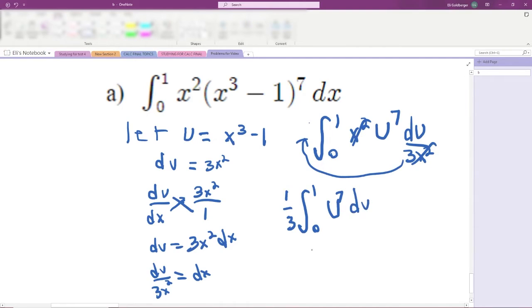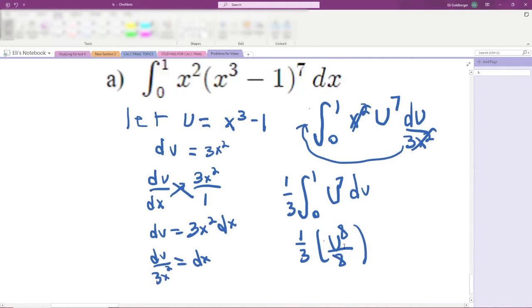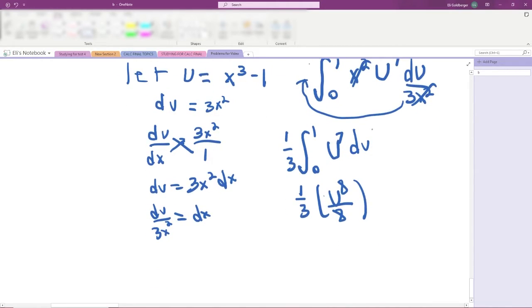And to solve that, we can easily do that. 1/3 times u to the 8 over 8. So that's our answer for that part. We need to keep going though. And to do that, we can just multiply this out to get u to the 8 over 24.